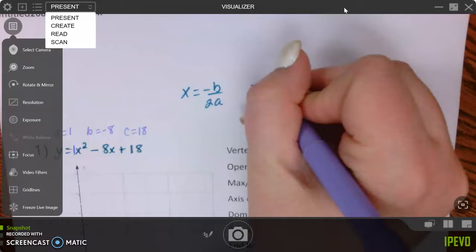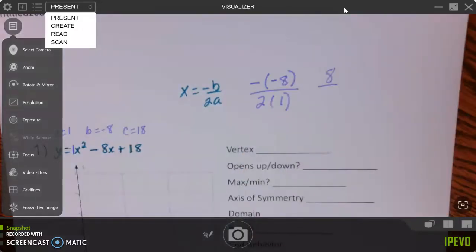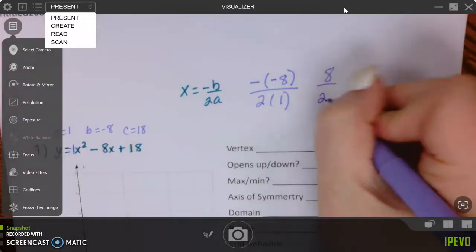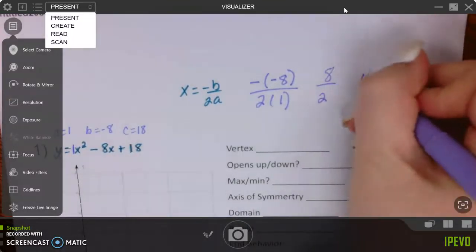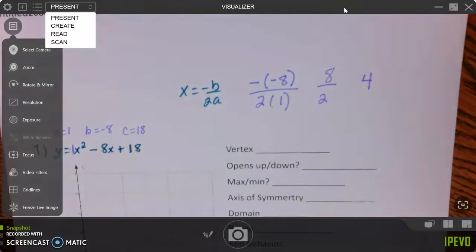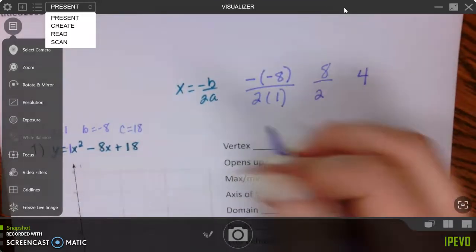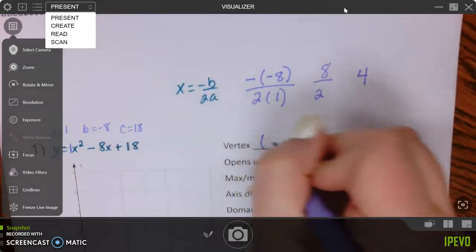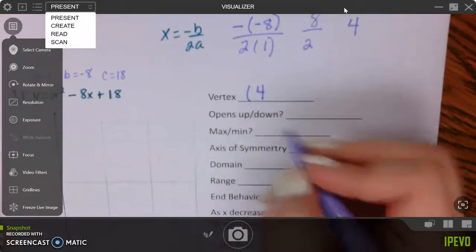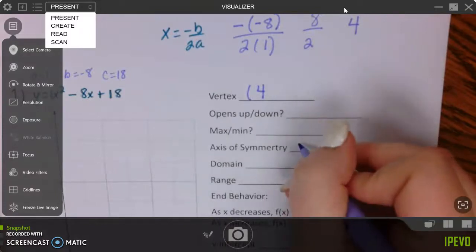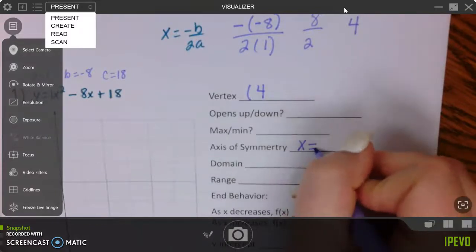A negative and a negative make a positive, so that's positive 8. And then 2 times 1 is just 2. 8 divided by 2 is 4. So the x-coordinate of your vertex is 4. That also tells you that your axis of symmetry is at x equals 4.